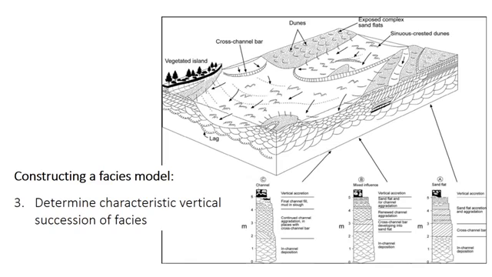In this stratigraphic diagram here, there are three idealized columns shown at the bottom for three different parts of this sandy braided river system. But it's very possible that only part of the succession might be developed in any one of these columns. Maybe a new channel will erode through most of it and you'll only be left with the lower part of column C. Certain facies may not be developed all the time.